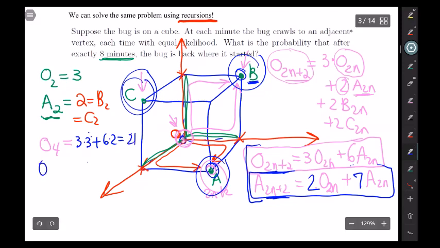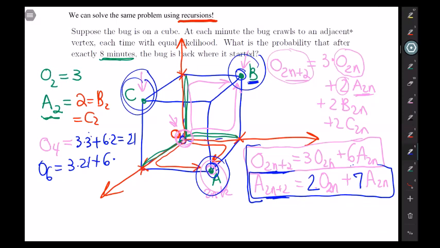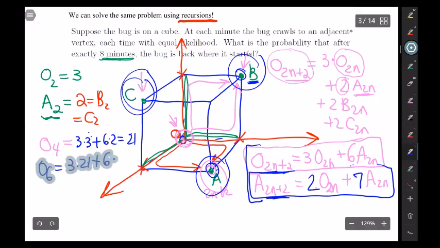Okay, let's calculate A6 now. It's always 3 times the previous O, which is 21, and then 6 times the previous A, which is, oh shoot, I need A4. So I need A4 before I can do O6. Okay, let's quickly do A4: 2 times 3 plus 7 times 2.